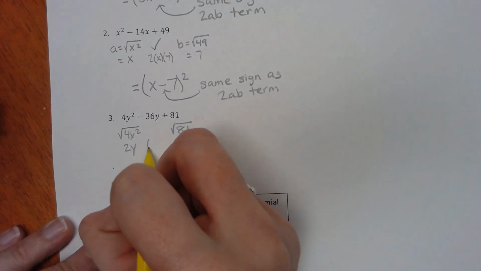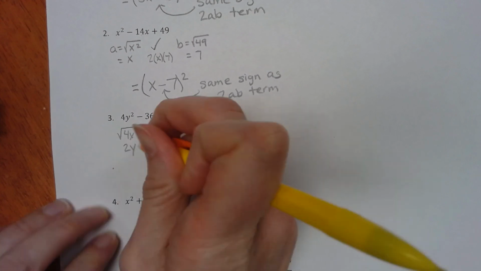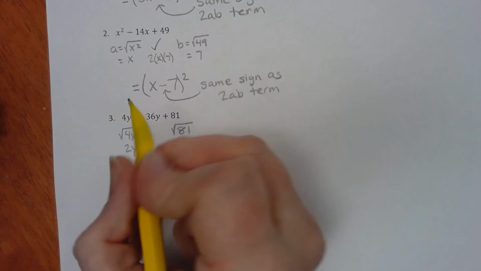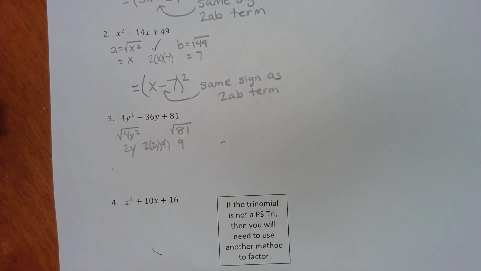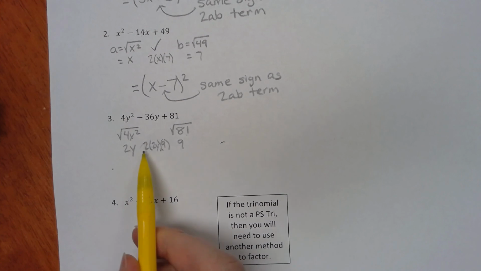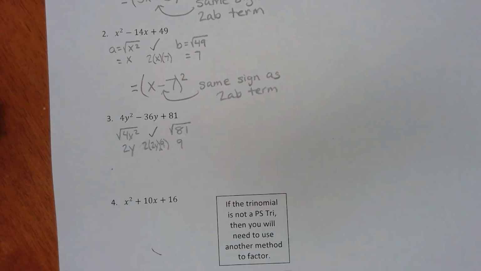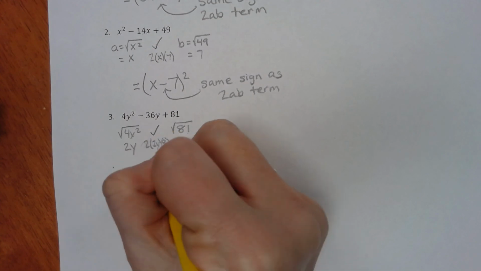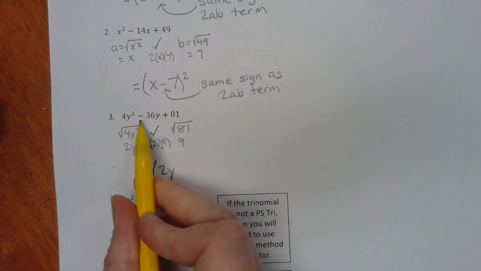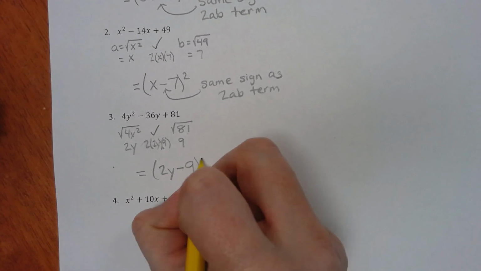When we check 2 times 2y times 9, well, 2 times 2 is 4, and 4 times 9 does give us 36, so that one is checking out also. So it's just as simple as our factored form to be 2y, taking the sign of our middle term, so 2y minus 9 quantity squared.